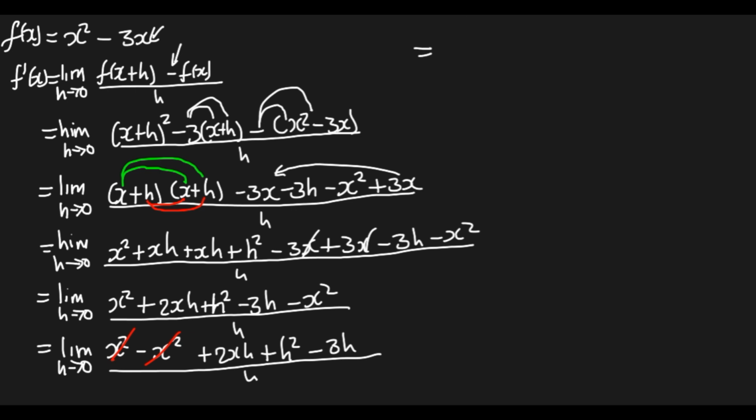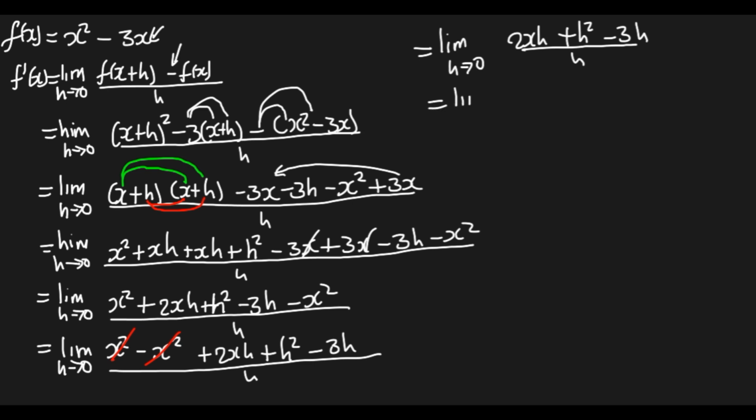Then our expression continues. So we have 2xh plus h squared minus 3h over h. Now upon reaching here, what we are going to do is we need to factorize the numerator.